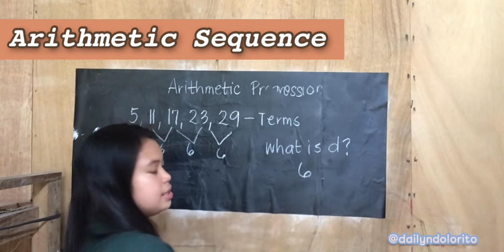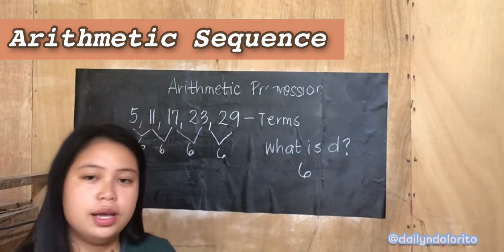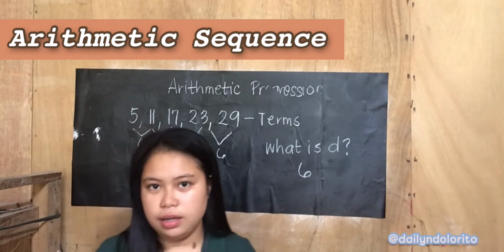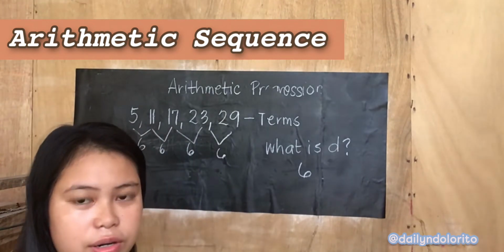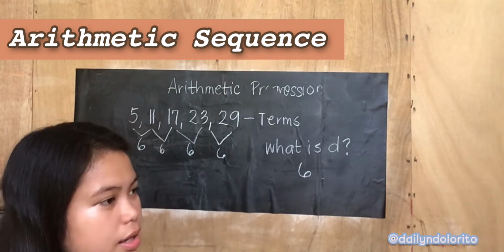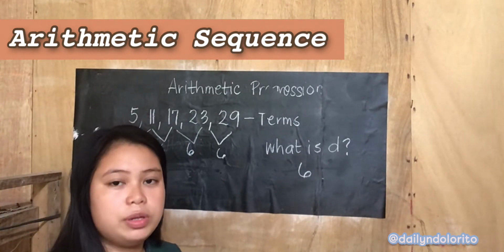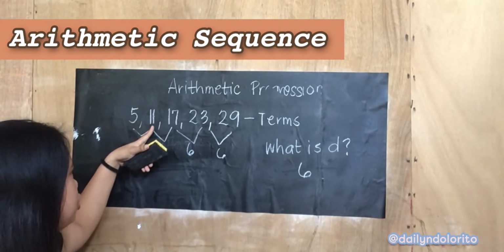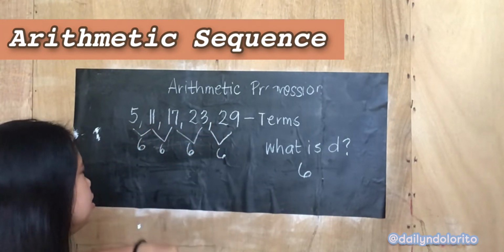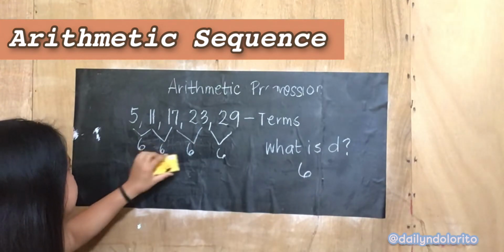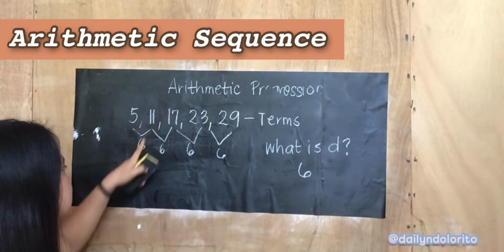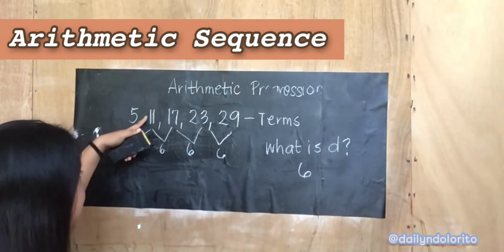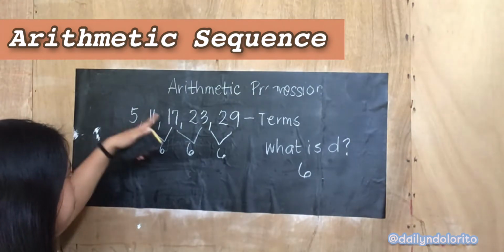D is 6. Also, if you want to recheck your common difference, to see if it's the true common difference, then you use that common difference and add it from the first term to the second term, and so on. So if we find that 5 and 11 differ by 6, we add 6 to 11 and check if it's 17.